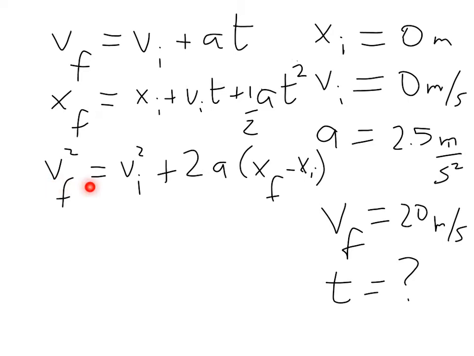Since we are looking for a time, this equation cannot help us because it does not contain time. It has to be one of these two. This is definitely the easier equation to use. Let us check if we know everything. We know V final, we know V initial, we know the acceleration, and so yes, we can solve for time. Before plugging in numbers, we take this equation and rearrange it to solve for the quantity we want, which is time.